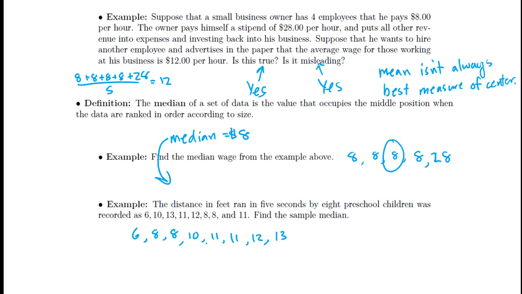Here it's a little interesting because we have an even number of data points, and so there is no single middle. There are 2 middle numbers, right? So whenever you have an even number of data points, that means you have 2 middle numbers, and you're going to average the middle 2.